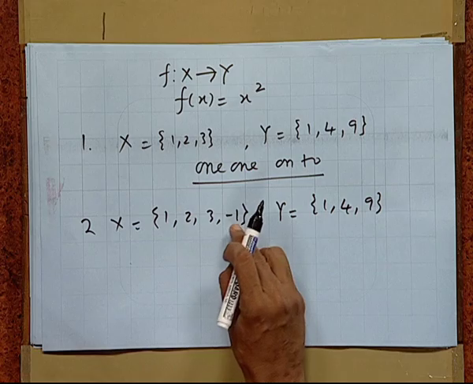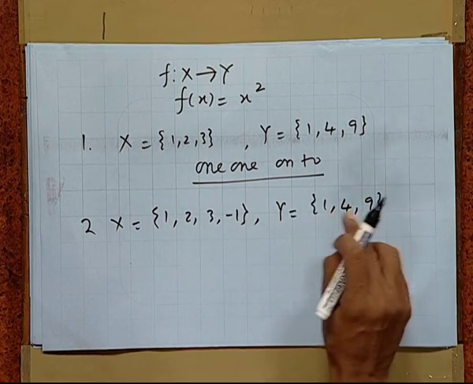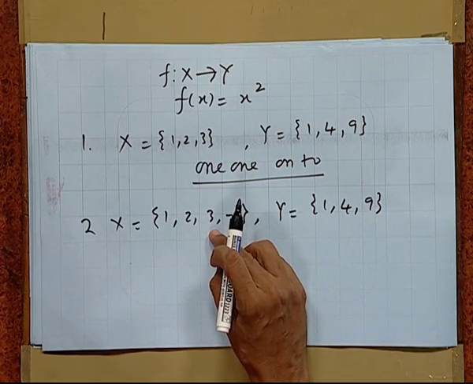Is it onto or into? Well, 1 has pre-images 1 and minus 1, 4 has pre-image just 2, 9 has pre-image 3. So, it is an onto function, because there is no free element left in the codomain.